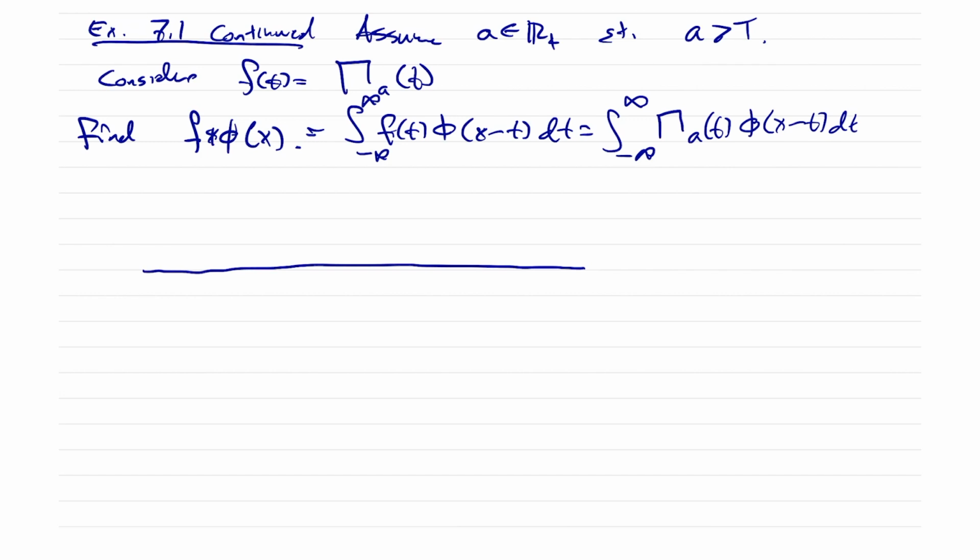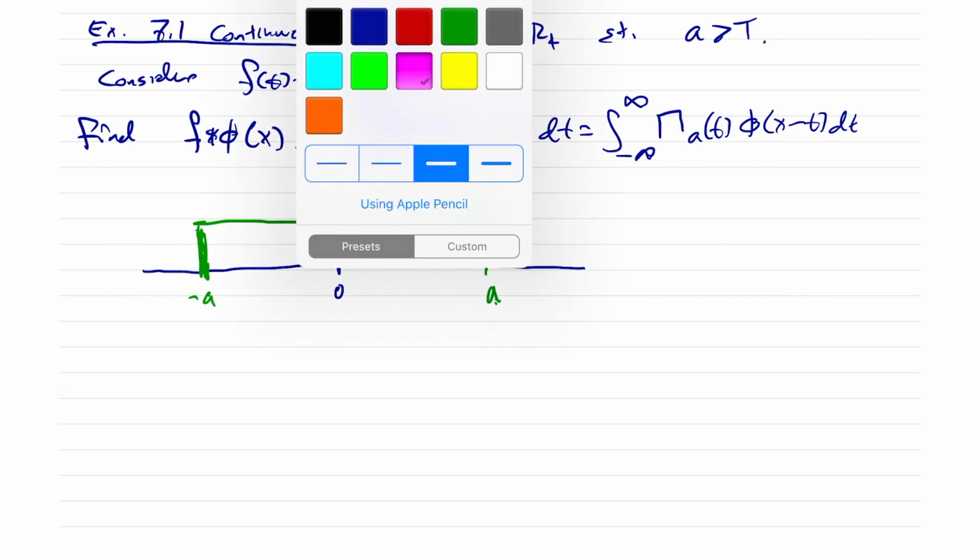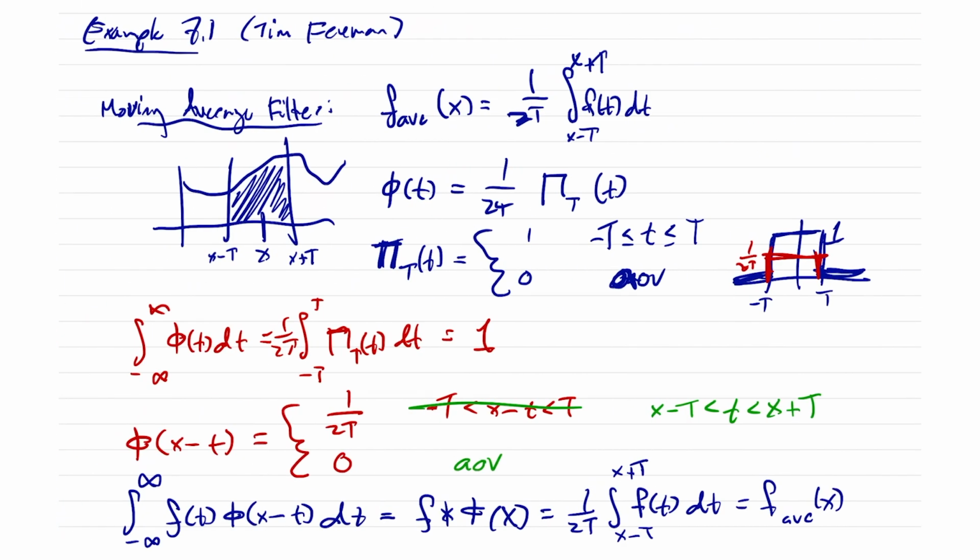Okay, so what do we know? To start, if this is 0, our f is going to be centered like this. And then we have this other guy, and if we check our bounds, we have this phi of x minus t with these bounds.